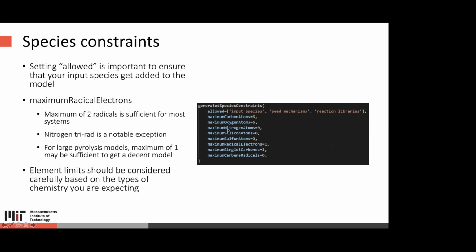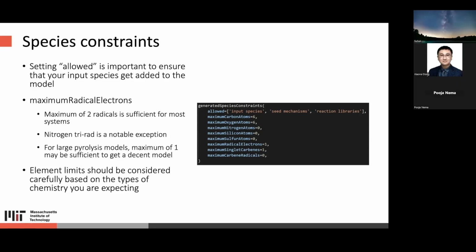For the radical electrons, usually a maximum of 2 radicals is sufficient for most systems, except for nitrogen, because nitrogen tri-radical is a notable exception. And for large pyrolysis models, we recommend you just set it to be 1, because you will already get a very large model.